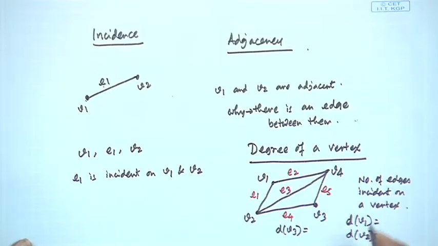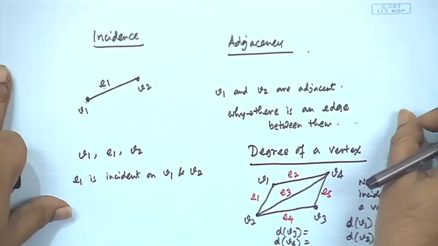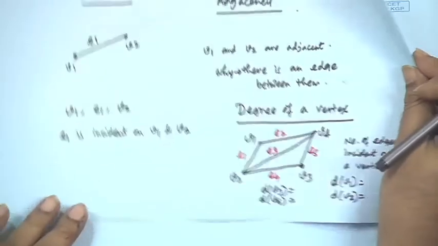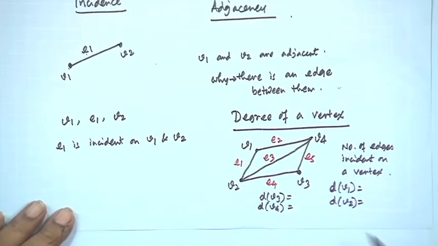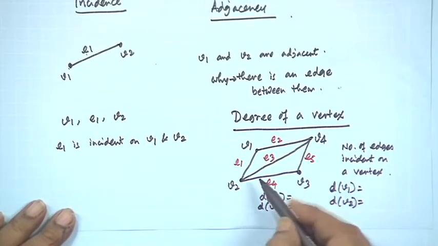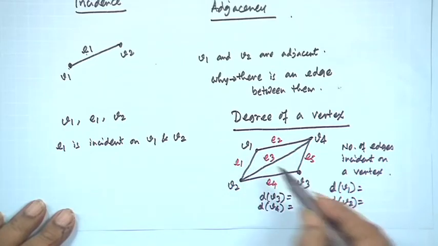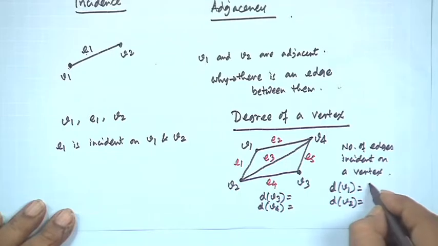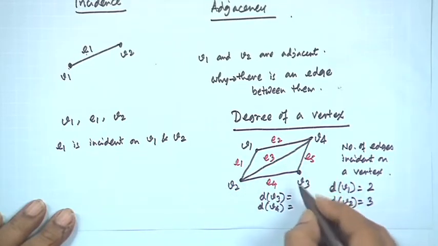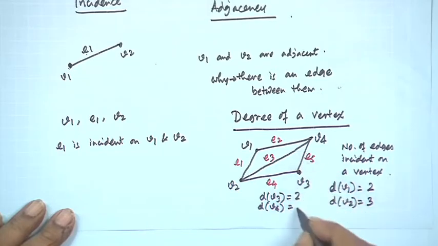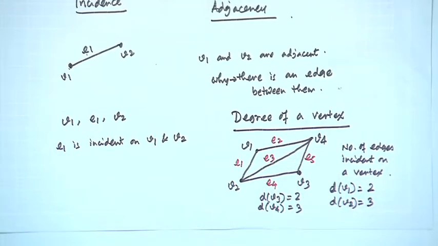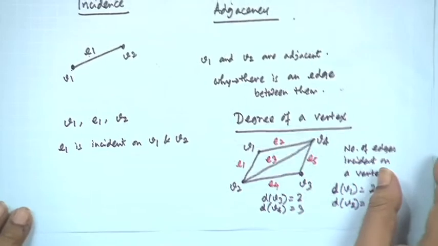Right? And what is the degree of V4? Right? So, supposing we need these degree values to be obtained. How many edges are incident at V1? There are 2 edges. So, this is 2. At V2, 3. At V3, 2. And at V4, 3. So, this is how we compute the degree of a vertex.